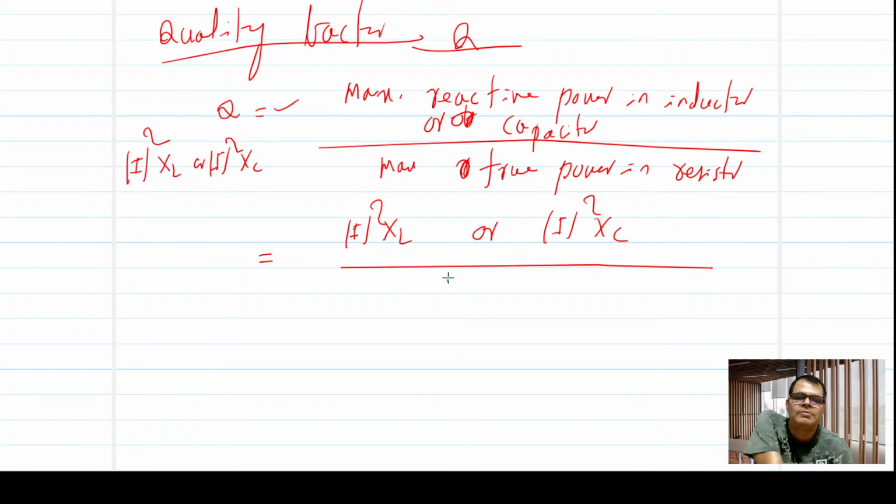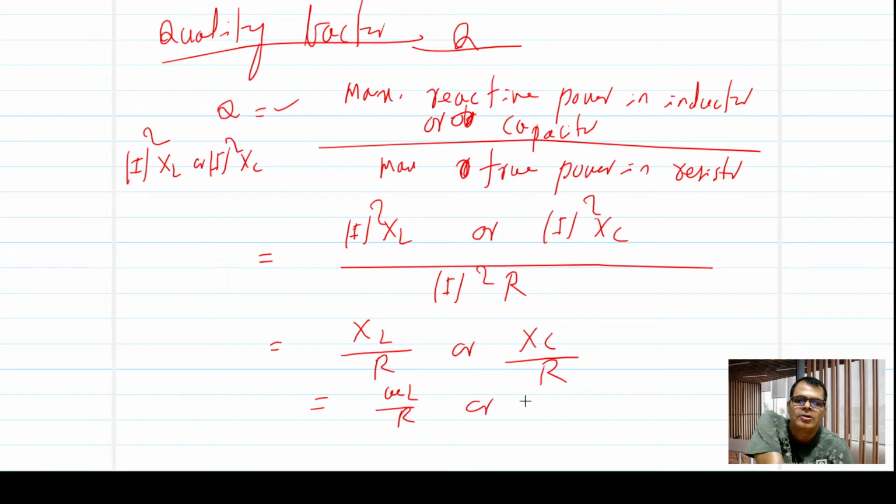How much is the maximum true power? I square R. So I square cancels, XL upon R or XC upon R. What is XL? Omega L upon R, or 1 upon omega RC. This is how we find the Q.